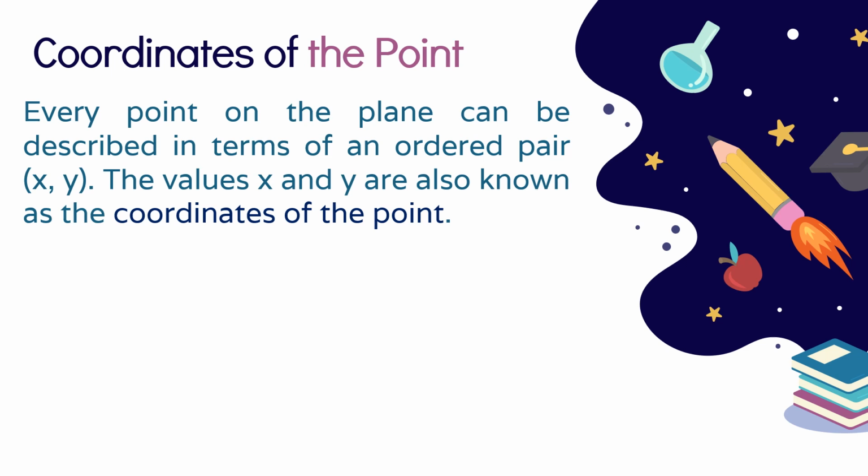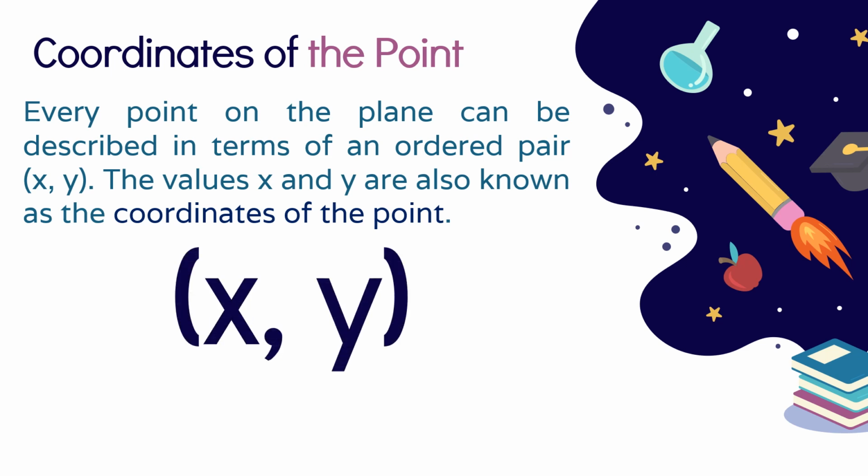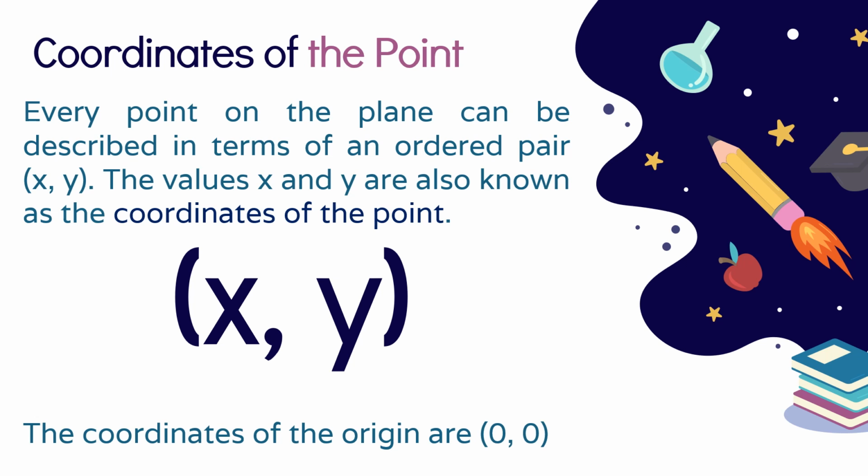The values x and y are also known as the coordinates of the point. The absolute value of x indicates its distance from the y-axis, while the absolute value of y indicates its distance from the x-axis. That's why the coordinates of the origin are (0, 0).